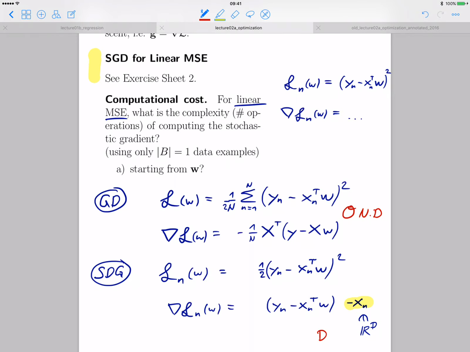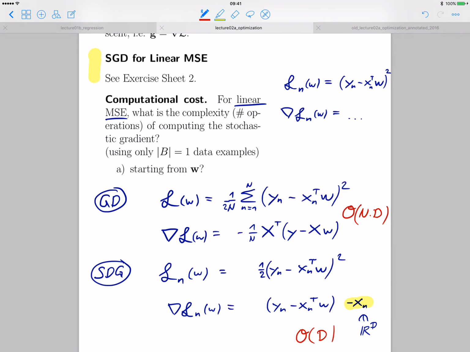You can check the appendix for the definition if you're not familiar with that. It just means that we don't care if it's 7 times n times d, but we just say it's n times d in the order. So that is a huge difference. A step from the stochastic method on the bottom is n times cheaper than a step of the full method. And that's why it's such a popular method in all of machine learning applications.